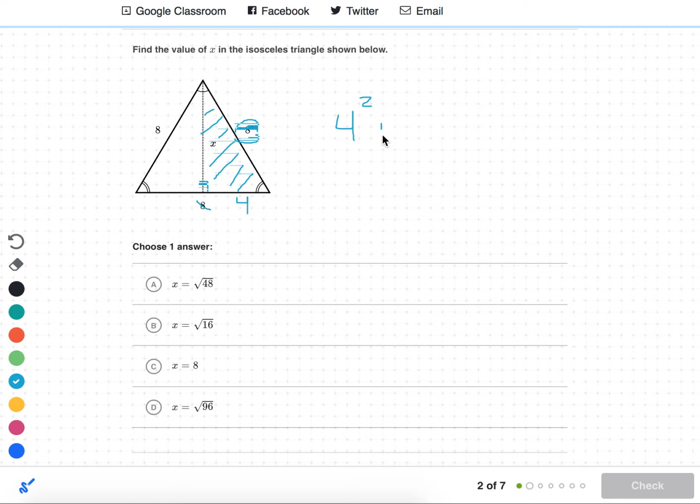That gives us 4 squared plus x squared equals 8 squared. 16 plus x squared equals 64. 64 minus 16 is 48, so x squared is 48, which means x is the square root of 48.